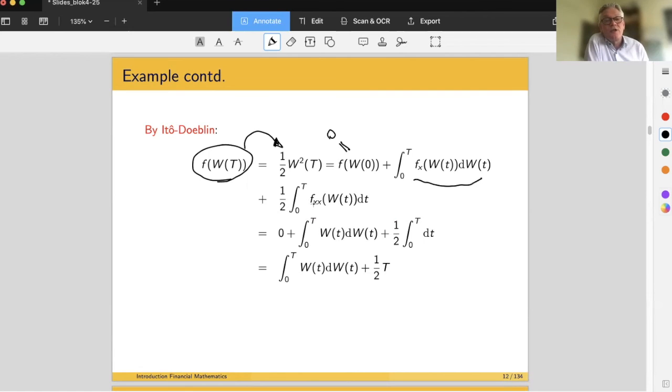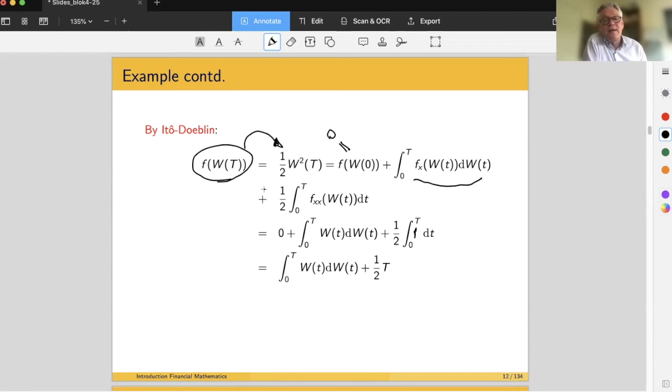And the second derivative was a constant, 1. So we end up with 1/2 the integral from 0 to T times dt, with a 1 in front. It's just dt. So if we finally consider this, it's the integral from 0 to capital T, W_t dW_t plus 1/2 times T.